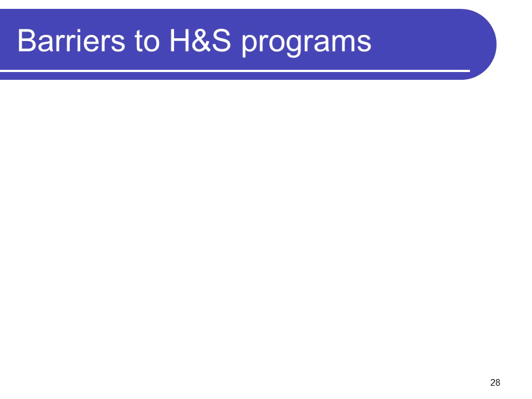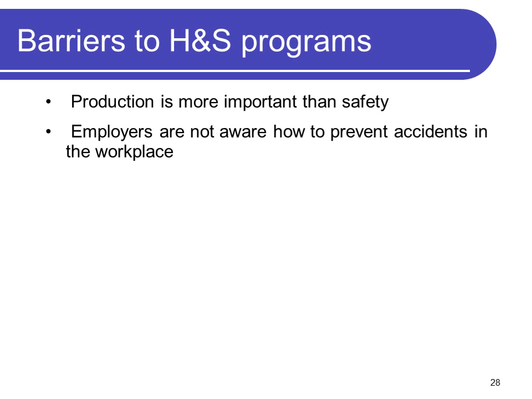Everything is nice and dandy, but sometimes there are barriers to health and safety programs. Somebody can say that production is more important than safety. This is coming from the production people: I don't have time for safety. In that case, this is a barrier that we need to overcome. Employers are not aware of how to prevent accidents in the workplace, and this is very important.